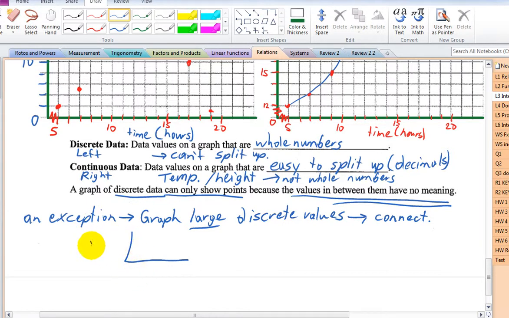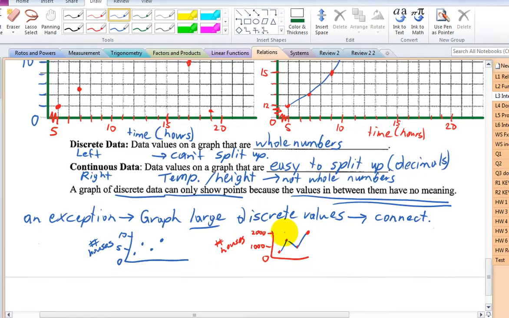So if I'm graphing the number of houses sold, right? If I'm at 0, this is 5, and that's 10, I would graph these as discrete values that are not connected. But if I'm graphing the exact same thing, except now the number of houses sold in Canada, if I'm graphing 0, 1,000, and 2,000, I would still be graphing discrete data, but I would actually connect these dots.